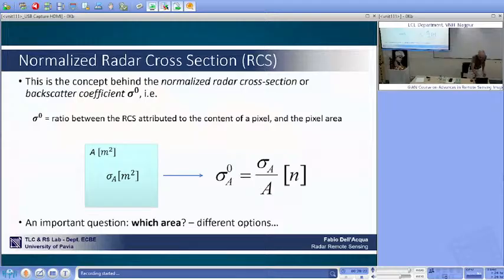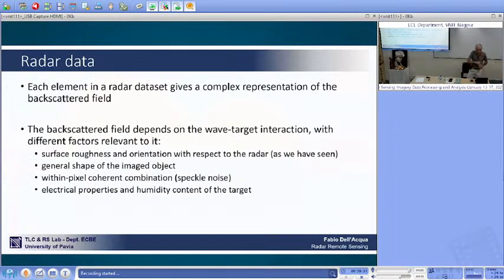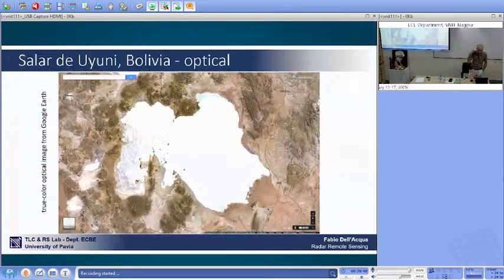So we skip all the parts on the physics, and we go straight to the data itself and what causes a particular value for that variable. Now here I report two images, two visual renditions of two data sets that were acquired on the same area.